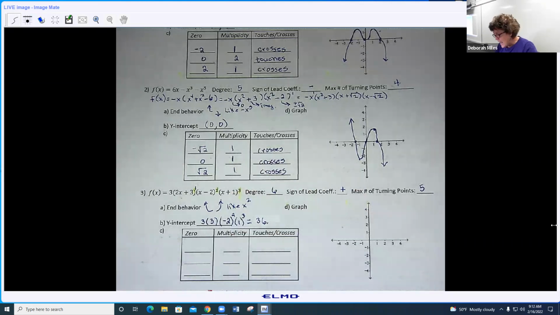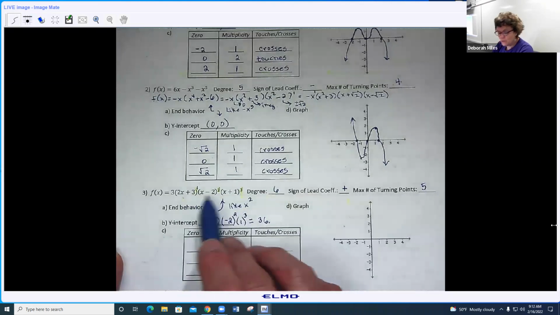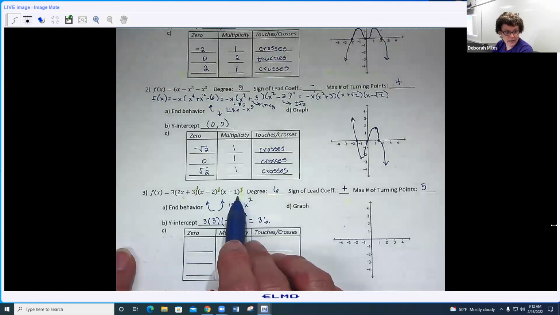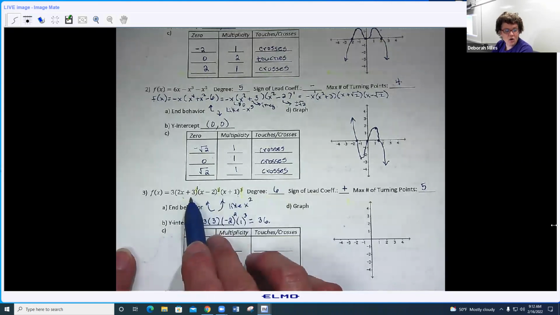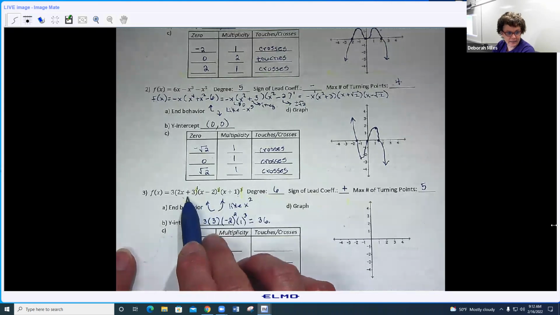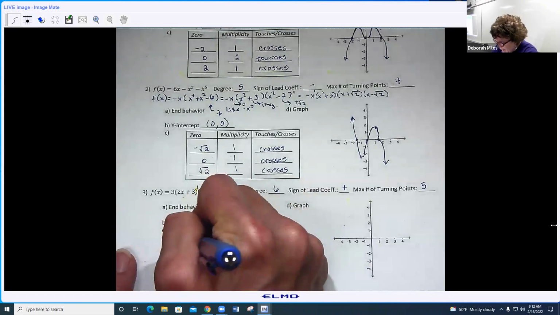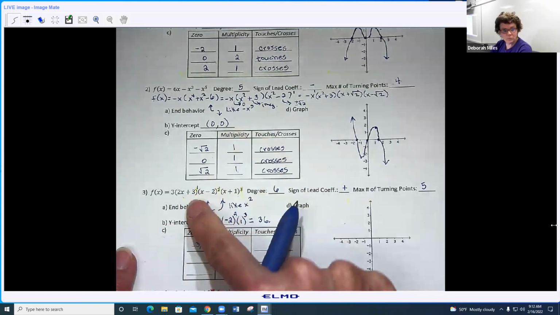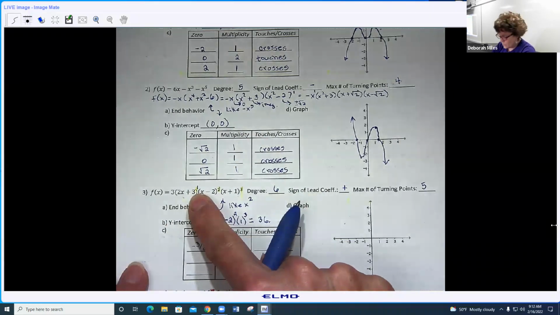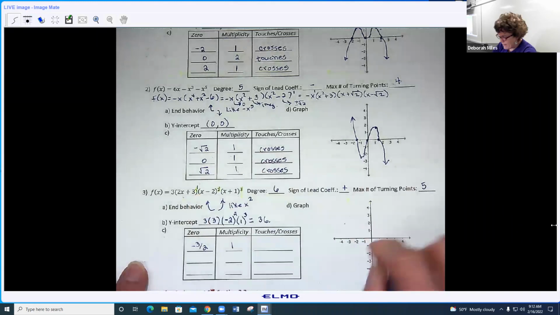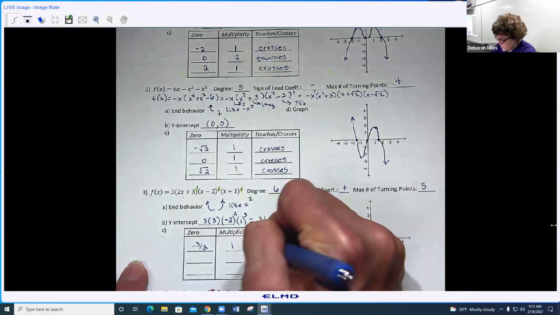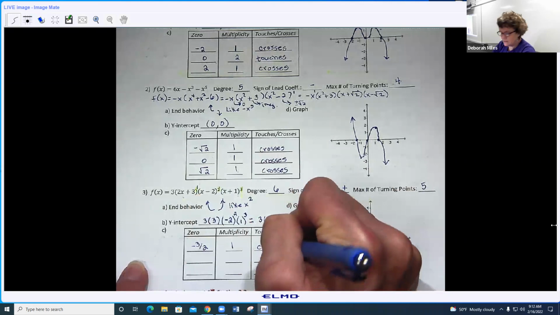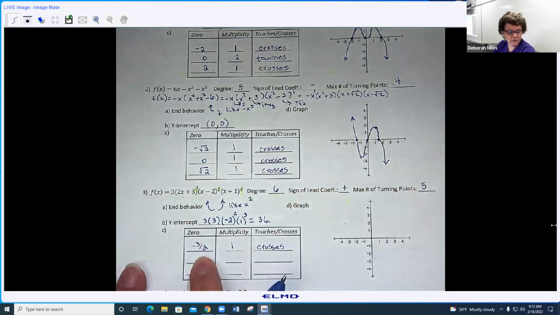All right. Now I'm ready to set each factor equal to 0. And if I did, what 0 would this first factor give me? If I set 2x plus 3 equal to 0, I'd get -3/2 with multiplicity what? 1, which means the graph crosses the x-axis at -3/2.